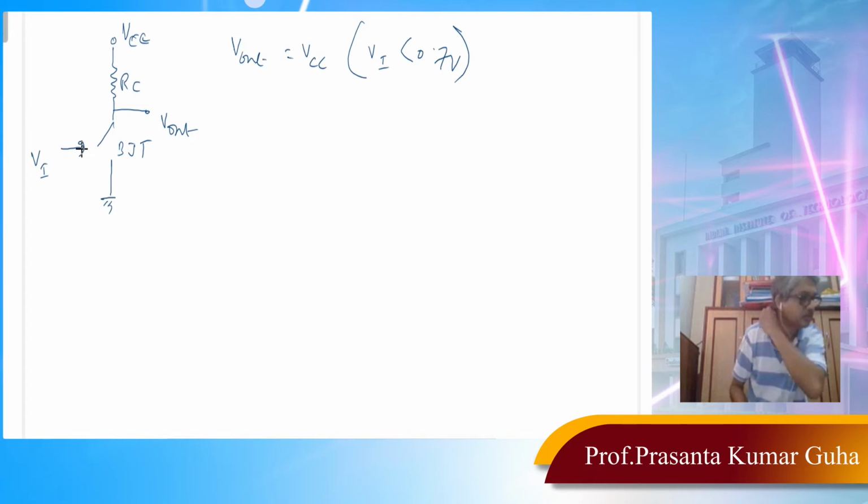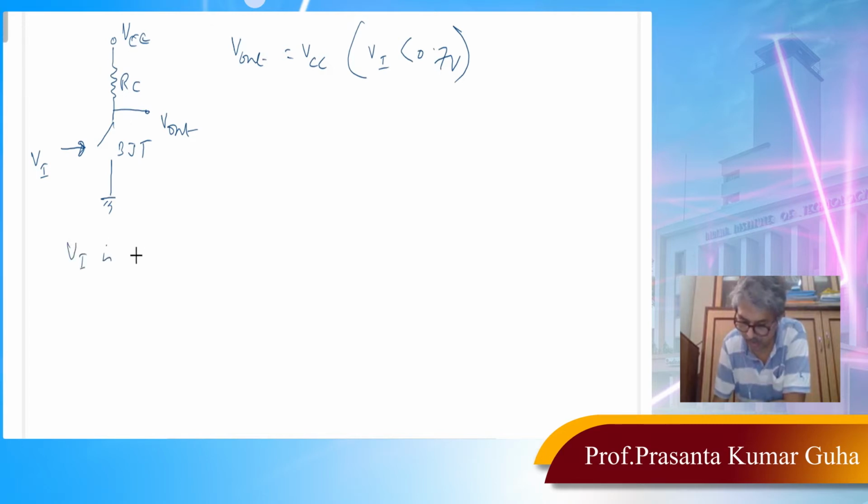Now, what is the other situation? The other situation is you can apply VI pretty large, so that the current flowing through IC is quite large. If VI is high, although this high is a relative term, then what will happen is BJT is on.